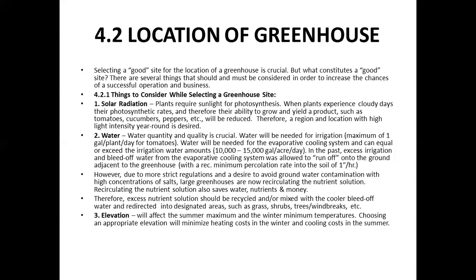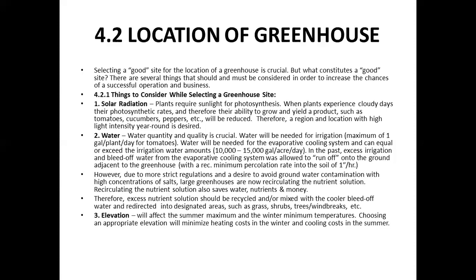Due to stricter regulations, they have started to avoid groundwater contamination with high salts, because those can't be used for the proper utilization of the irrigation water, and they don't give good results in the production or yield of the crops.